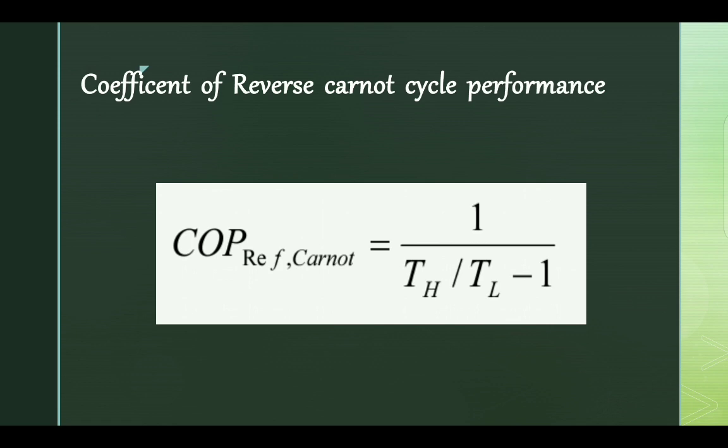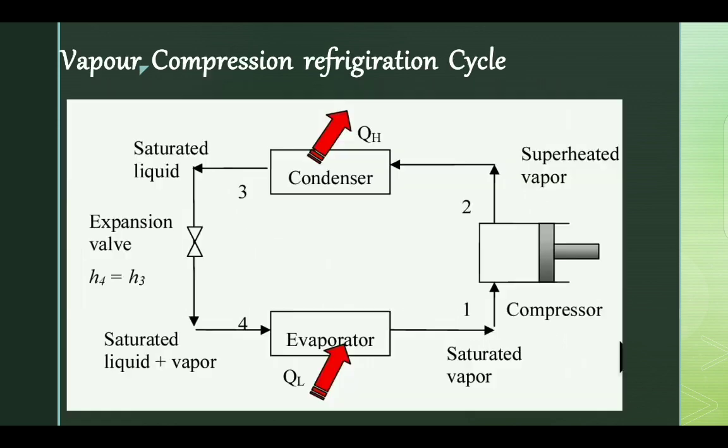It is isothermal, isentropic and isenthalpic. Here it is the same, but the processes change. 1 to 2 is a compression, 2 to 3 is a condensation, 3 to 4 is an expansion, and 4 to 1 is evaporation.